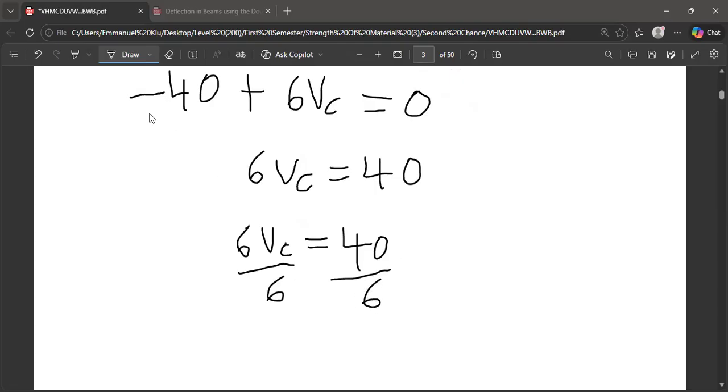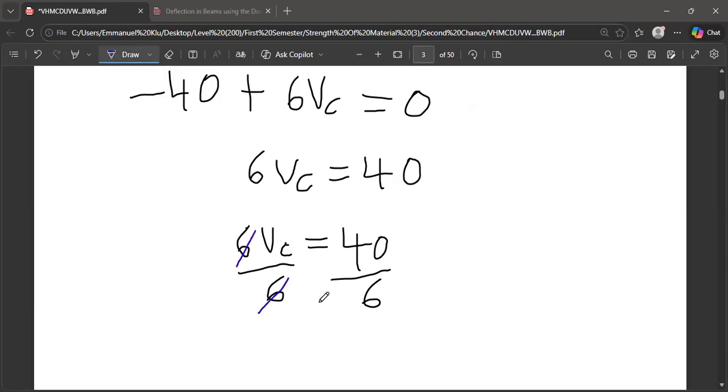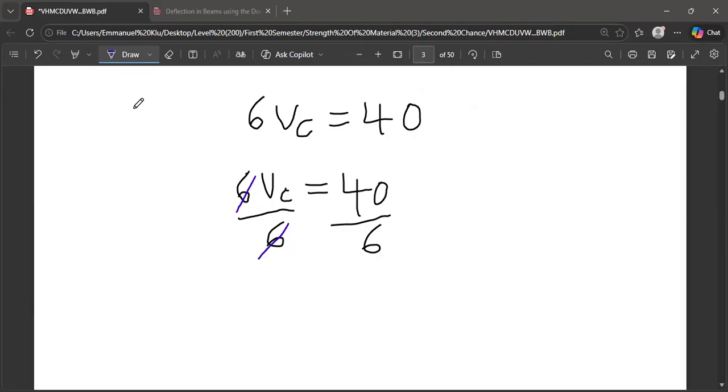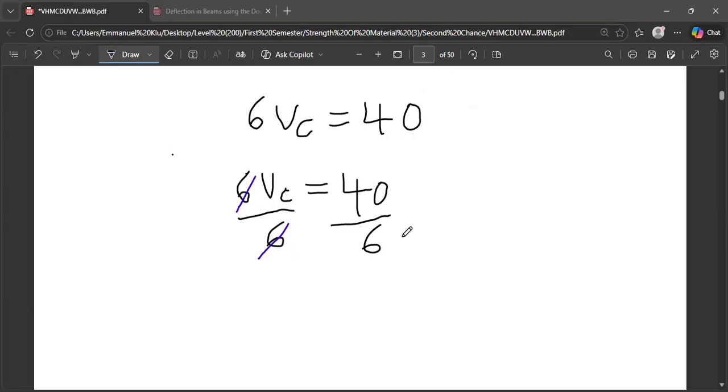Finally, this will take care of this. And you realize that 40 divided by 6 will give you 6.66. But let's just maintain 6 decimal places. Okay. And this means that we are still going to be left with this equation.